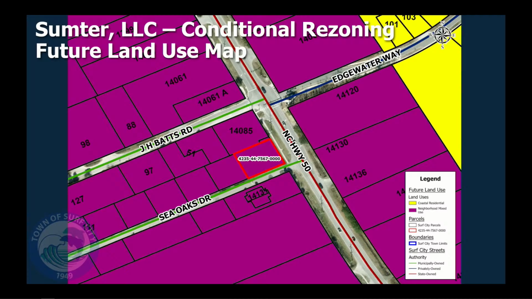Before you on the screen and in your packet is the future land use map. This property, along with all properties around it, are identified as neighborhood mixed use. The neighborhood mixed use future land use supports mixed use developments by its nature. The intent is in your staff report.